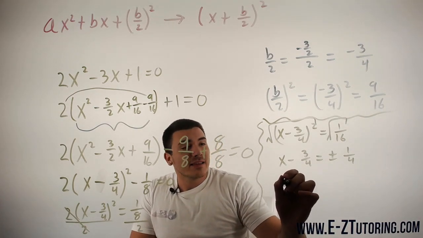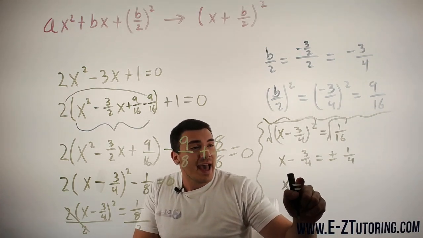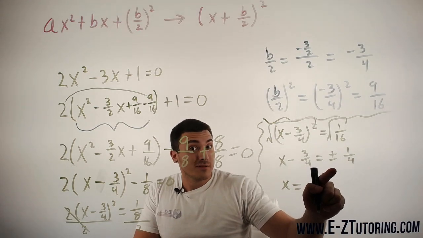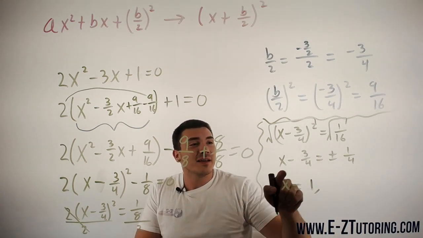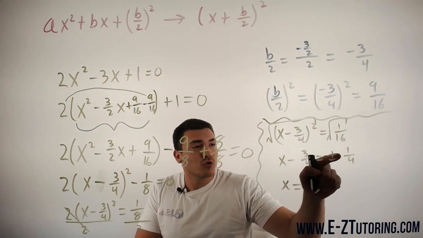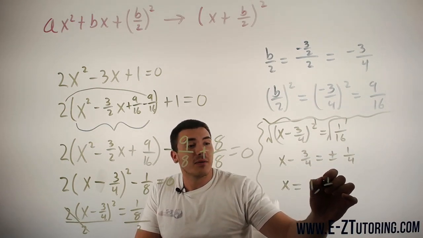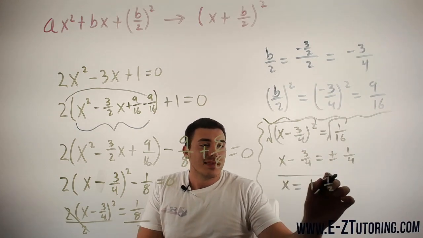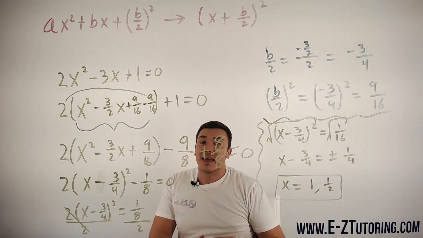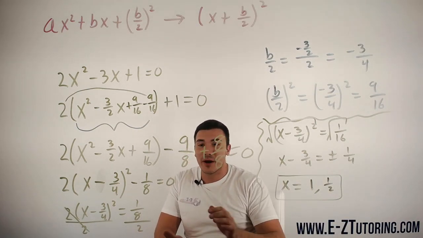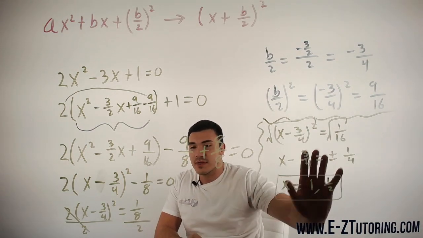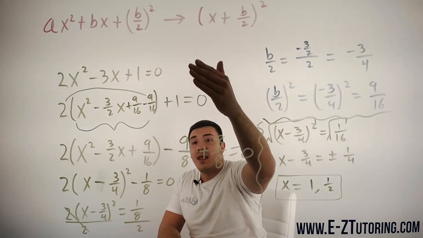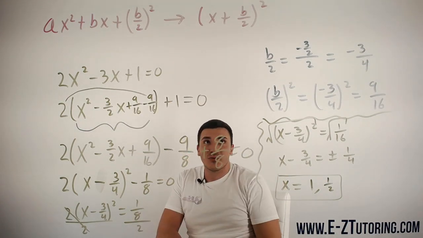So your two x values, if we add 3 over 4 over here, one of our x values will be 1, and the other one, if we add it and then subtract this, then we get 1/2. These are your x values, and that is how you solve by completing the square. I know I didn't focus too much on these steps. I have other videos on these. I mainly wanted to focus on how to complete the square when your a value is greater than 1.